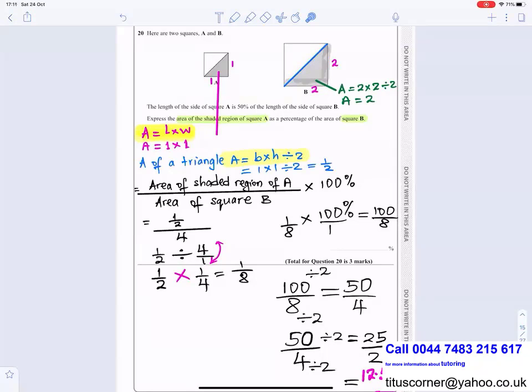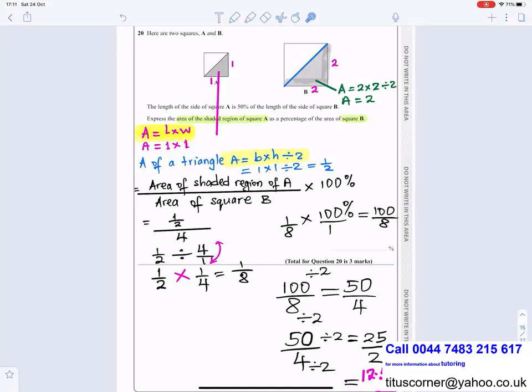Square A is 1 and 1, so 1 times 1. The area of a triangle is given by the formula base times height divided by 2. You need to remember this formula.